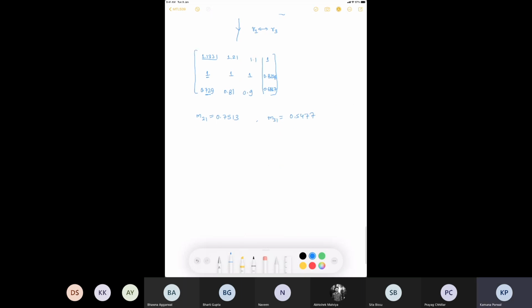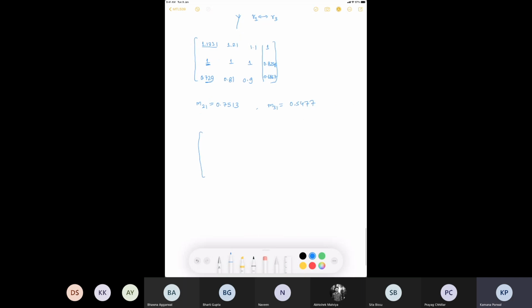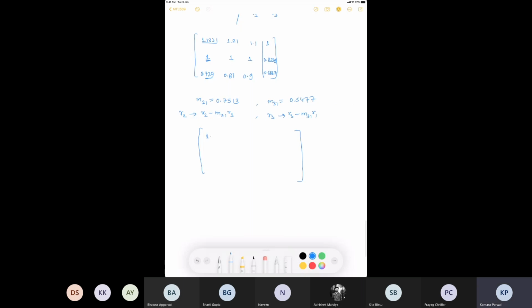Once we have these multipliers, I can use them to eliminate these coefficients. Basically, I'm performing R2 equals R2 minus M21 times R1, and for R3, R3 minus M31 times R1. The first equation remains as it is.